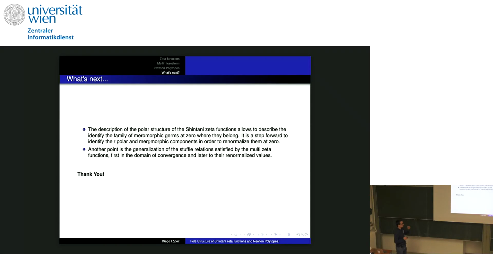First, with this pole structure, we can have a very good description of the meromorphic germs. We can consider the germs that contain the Shintani zeta functions at zero, and we have a very good description of the algebra of germs which contains such zeta functions. And this is a step forward to renormalize such Shintani zetas on the hyperplanes, on the poles.